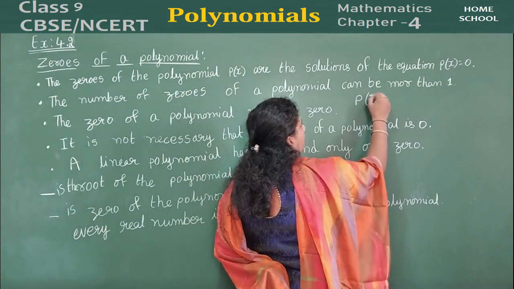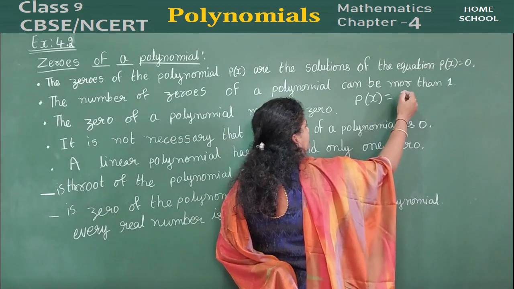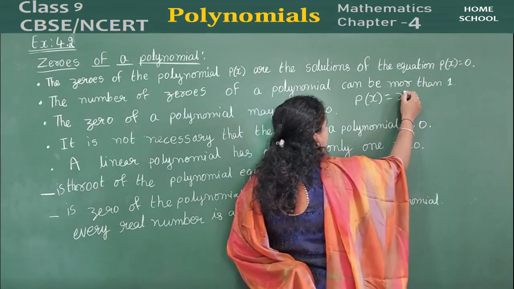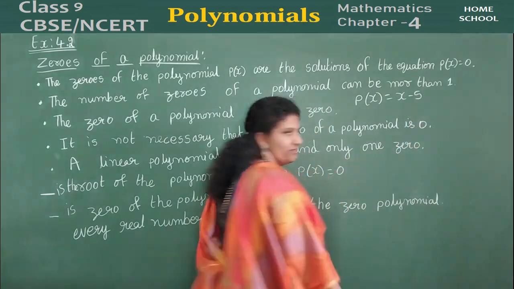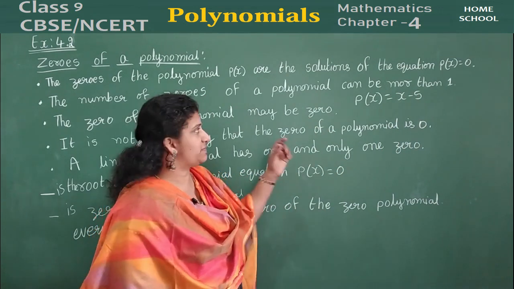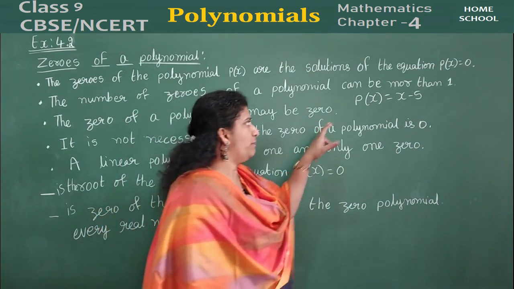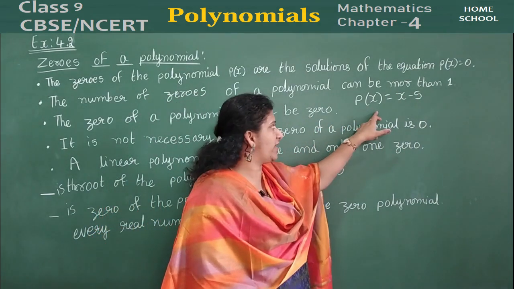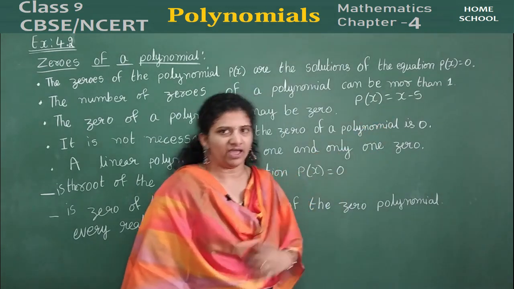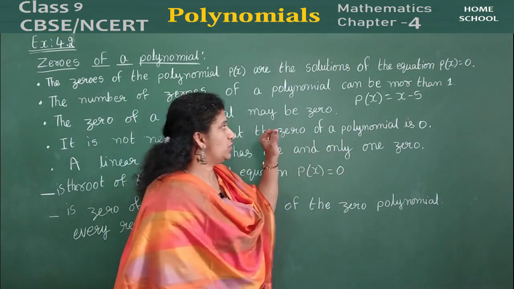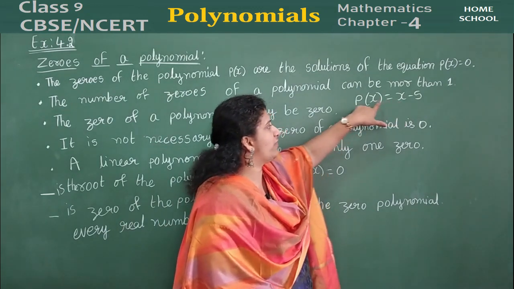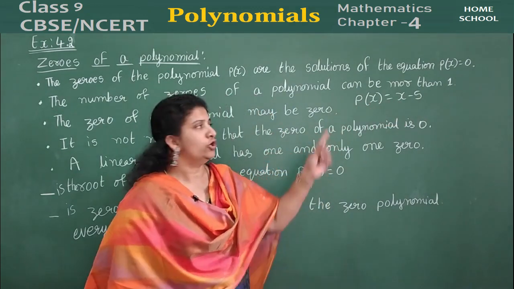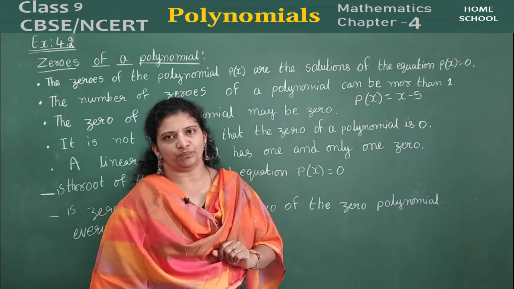Suppose polynomial of x, any one equation I will take here. Let it be x minus 5. An algebraic expression I need to take. So, p of x, polynomial of x is equal to x minus 5 I have taken. Okay. So, now in place of x, what you substitute to get its value 0?